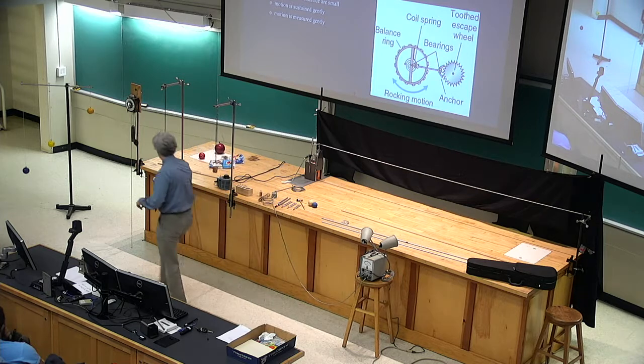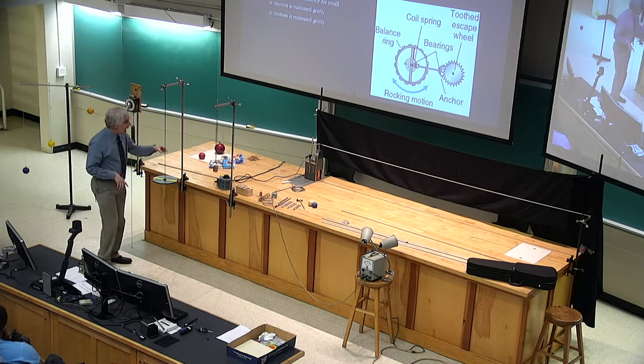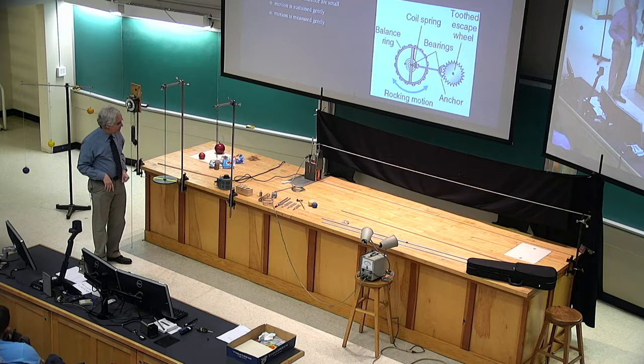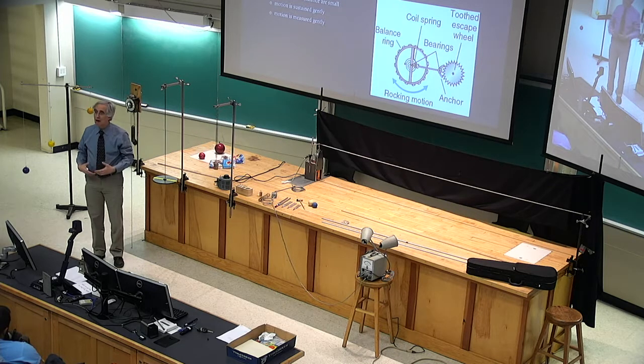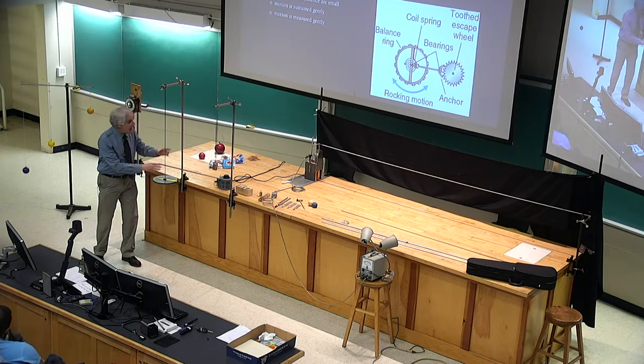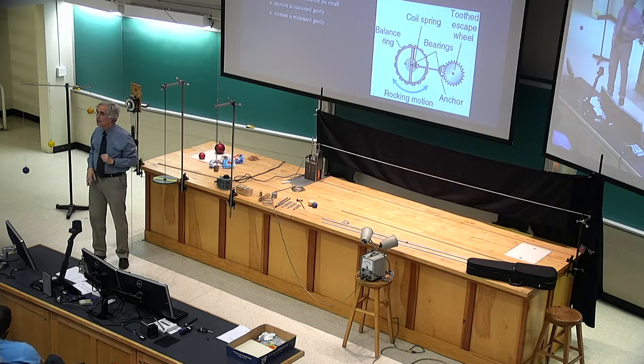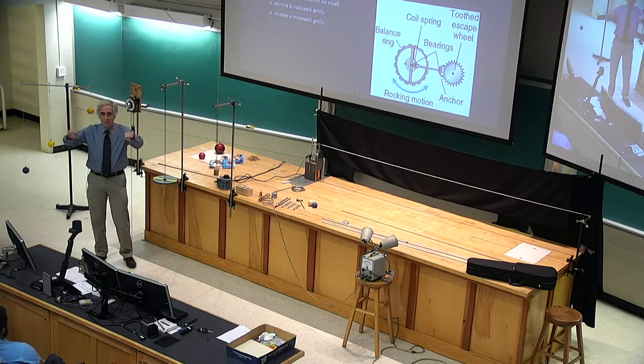And this disc here on a stiff metal rod is an example of a rotational mass on a torsional spring. The rod wants to be untwisted.